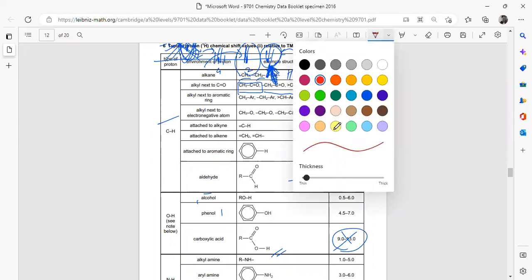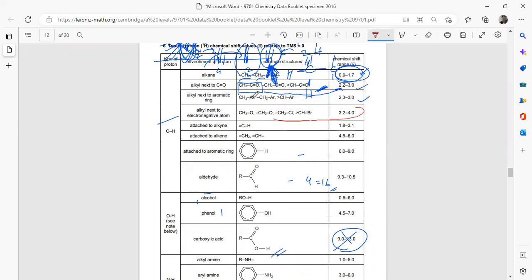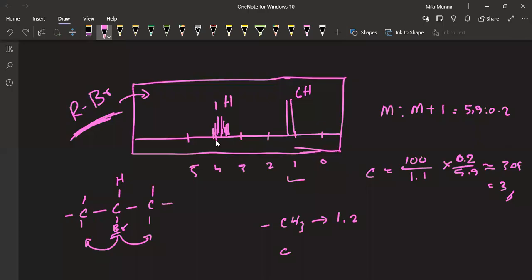We draw it with a different color. So in this region, this could be a possibility. The CHBr is directly given here, which is between 3.2 to 4. And moving back to our chart, it is between 3.2 to 4. So because of the CHBr group, we got a reading from 3.2 to 4. And this was 0.9 to 1.7, just writing the whole range. So these are the possibilities in this case.